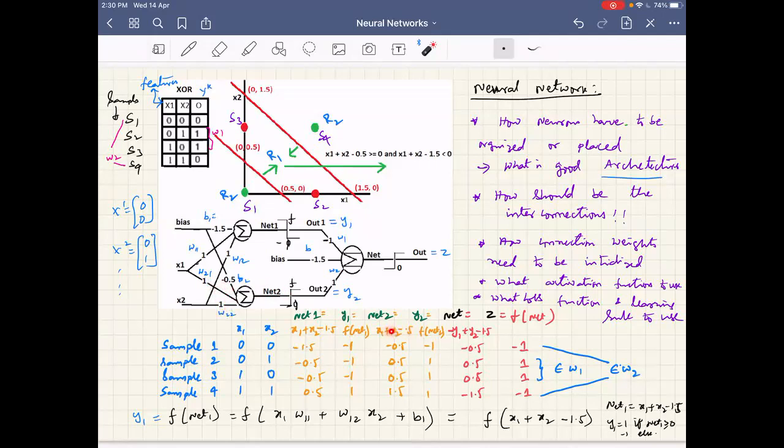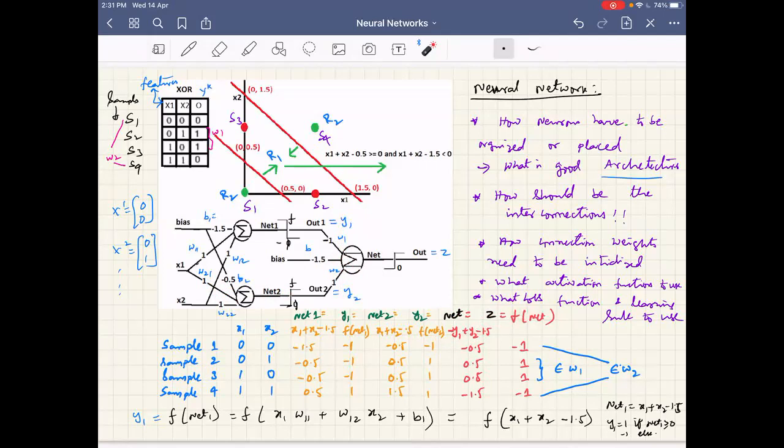That's what I have written here. Then f of net2. And net, for example here, is equal to y1 into minus 1 plus y2 into plus 1 minus 1.5, whatever I have written here. And then this is f of net.